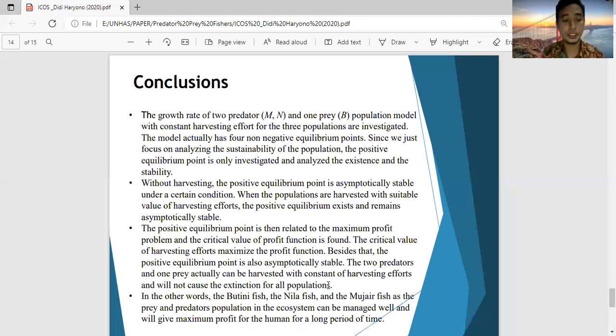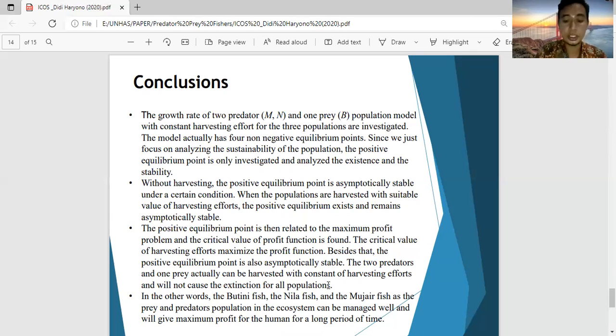In conclusion, the growth rate of the two predators and one prey population model with constant harvesting effort for the three populations is investigated. The model has 4 non-negative equilibrium points.